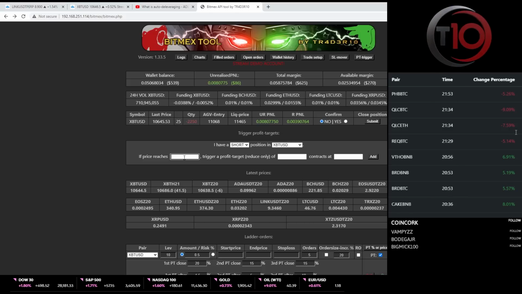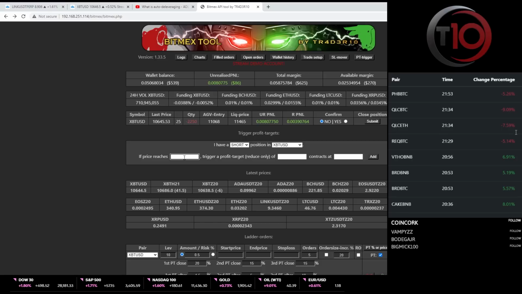Let's say we held a level and want to trigger a profit target. Let's just do some random numbers.